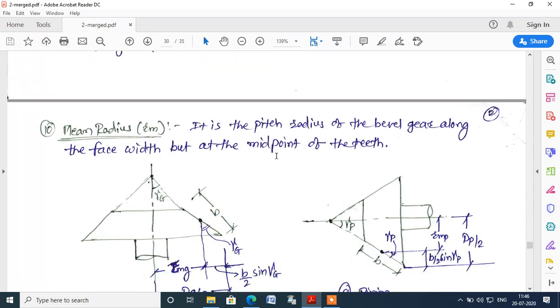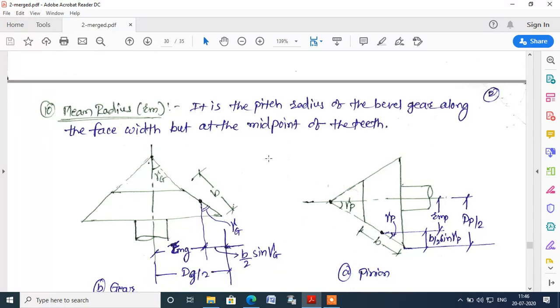Next one is mean radius, that is Rm. This mean radius is very important as far as bevel gear is concerned. It is the pitch radius of the bevel gear along the face width, but at the midpoint of the teeth.